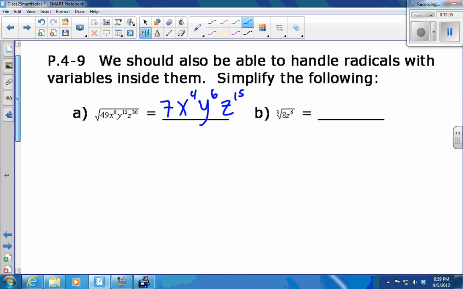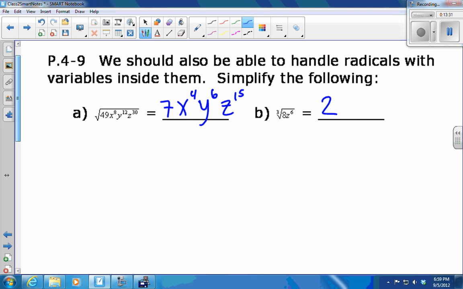Yes, I was looking for something that when you multiply by itself, you get the x to the 8th. And x to the 4th times x to the 4th, add the exponents, you get x to the 8th. Good. All right, now I want to do a cube root. Cube root of 8 is 2, and the cube root of z to the 6th? Z squared. How do you know z squared?